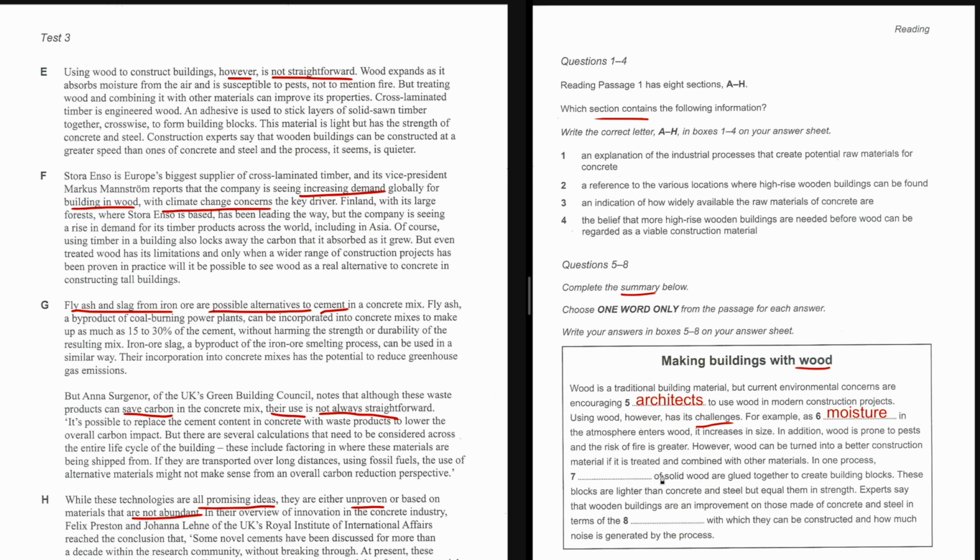In one process, blah blah of solid wood are glued together to make it. These blocks are lighter than concrete. So let's find something related to the weight. Lighter than concrete.